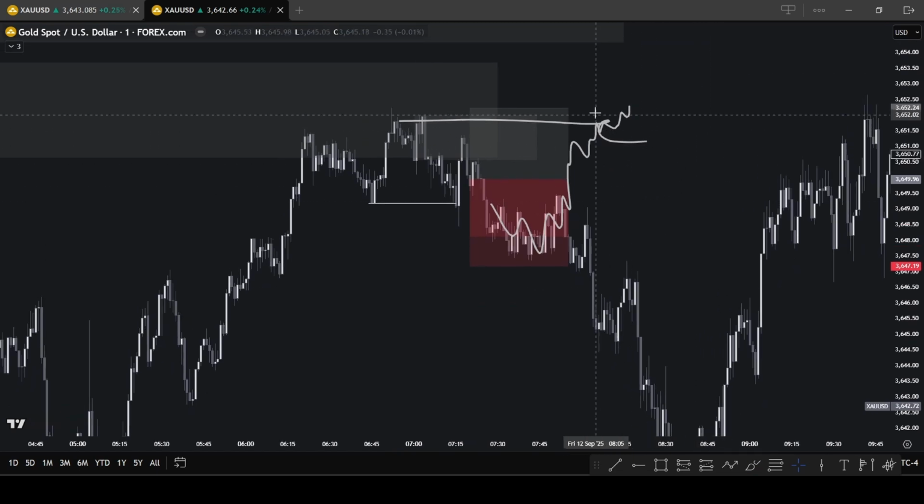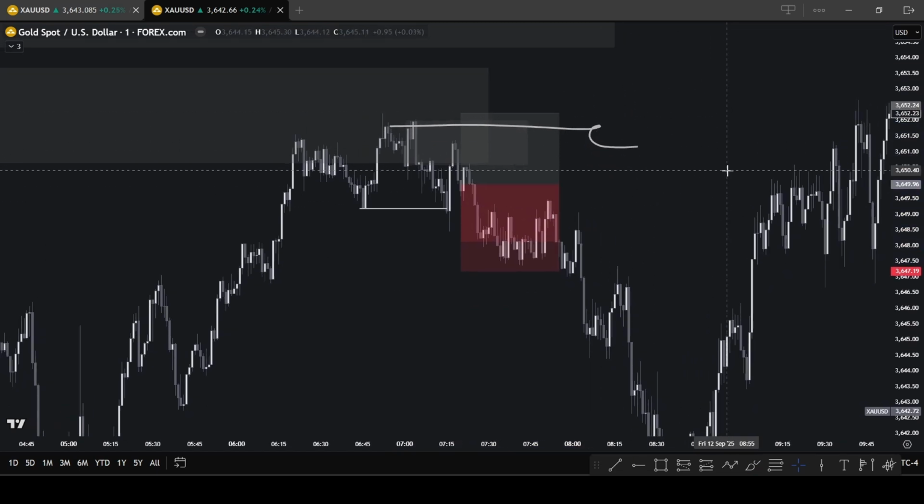Before entering any trade, you have to make an exit plan. If the trade goes in my favor, I close my setup and take whatever the market gives me. If the trade goes against me, I take the stop, or if I have another POI or another setup forms, I will take it.